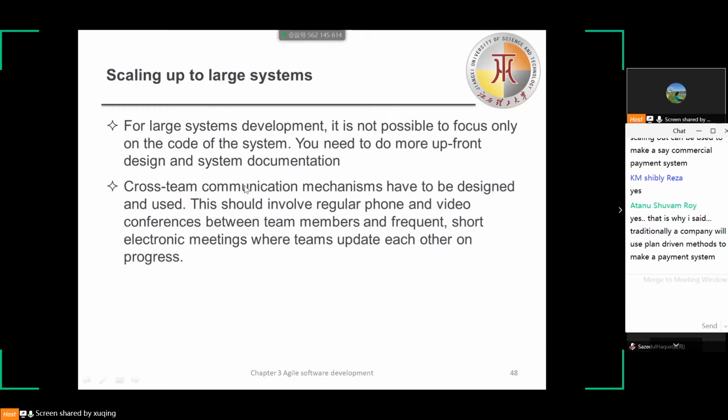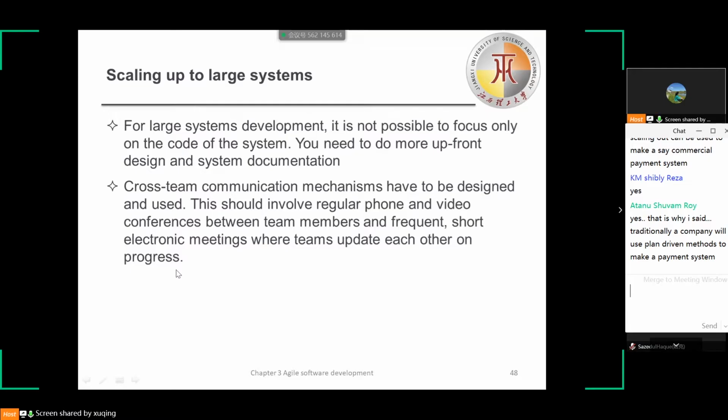And the second adaptation is that cross-team communication mechanisms have to be designed and used. This should involve regular phone and video conferences between team members and frequent short electronic meetings where teams update each other on progress.